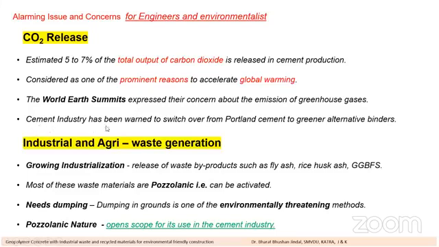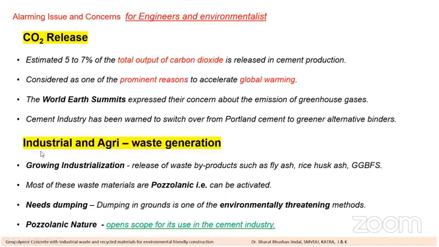For this, the cement industry is always of major concern, and they want to switch over from Portland cement to greener alternate binders. That means we have to curtail the production of Portland cement and replace it with other environment-friendly materials. This is the concern and the base for this presentation.